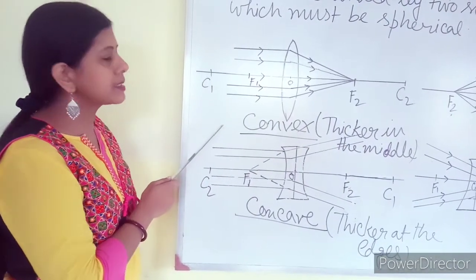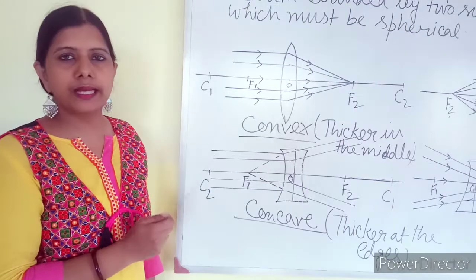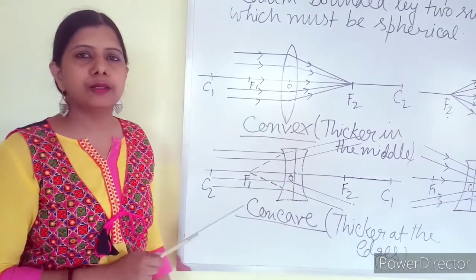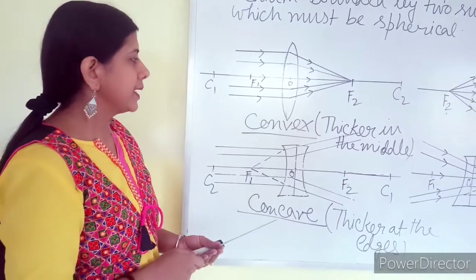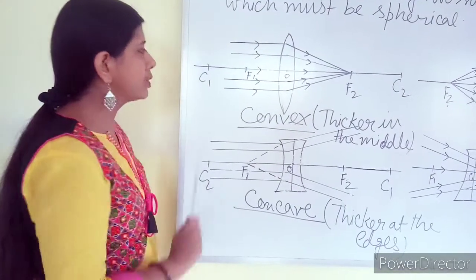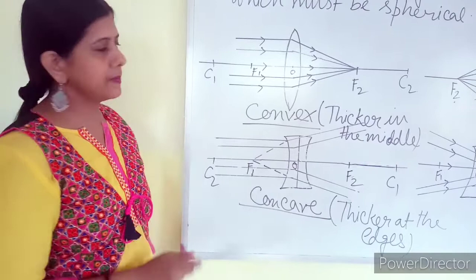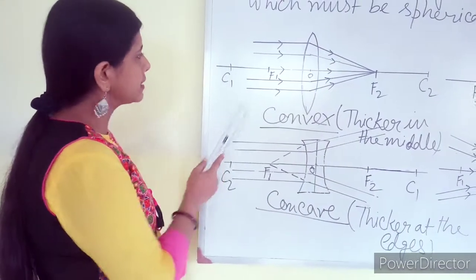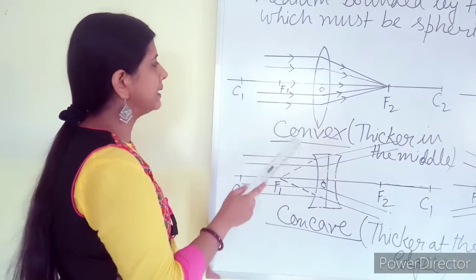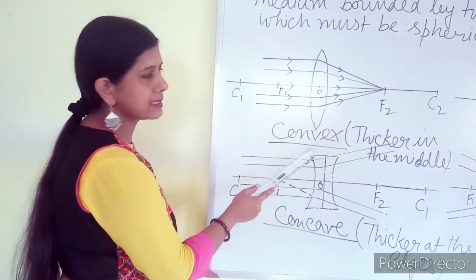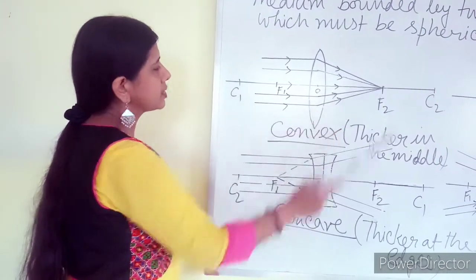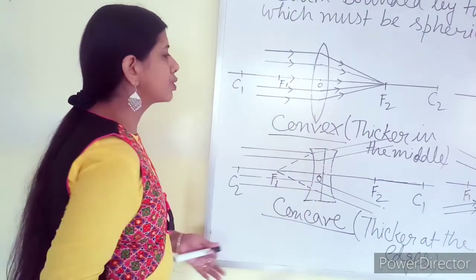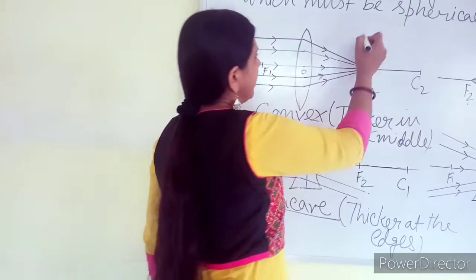Now a convex lens can again be classified into various categories, and a concave lens can also be classified into various categories. But in your syllabus you only have to learn these two lenses. This lens has one property: parallel beams of light, when passing through a convex lens, converge at a point. You can see in the diagram. So this is also known as converging lens.